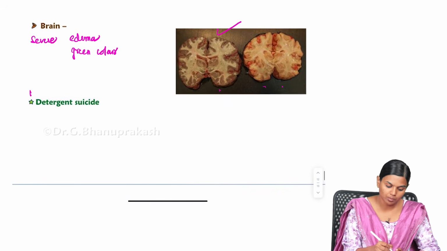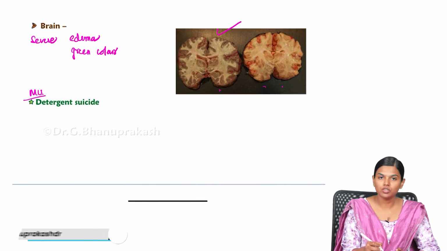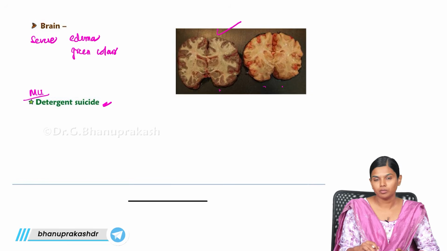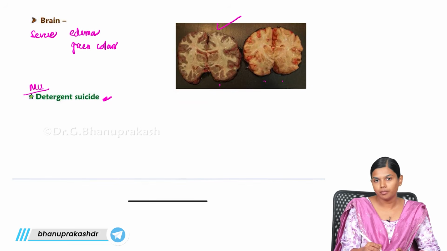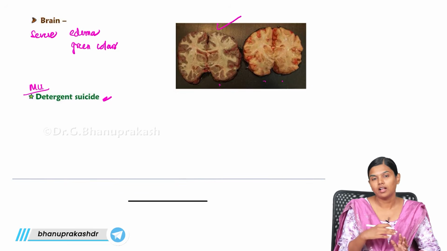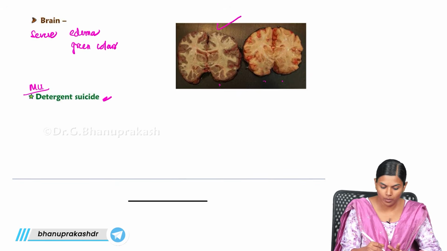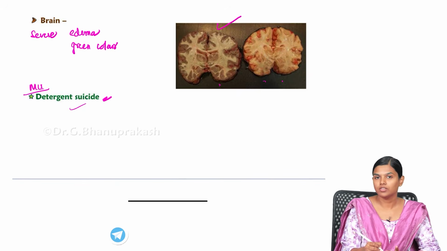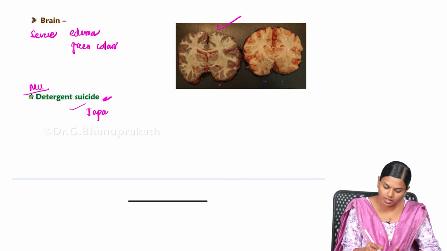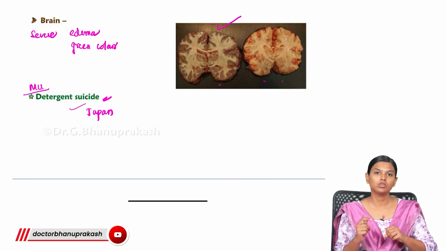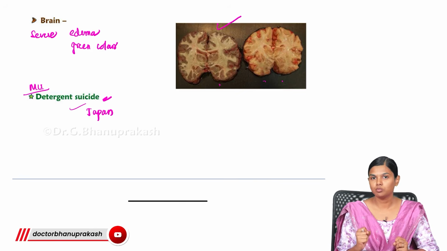The medico-legal importance of this is that it is used as a detergent suicide, because people will mix cyanide and hydrochloric acid to form this hydrogen sulfide, which will cause instant death. So it was used in Japan. They will mix the detergent and they will use the toilet cleaner, and together it will form this hydrogen sulfide gas.